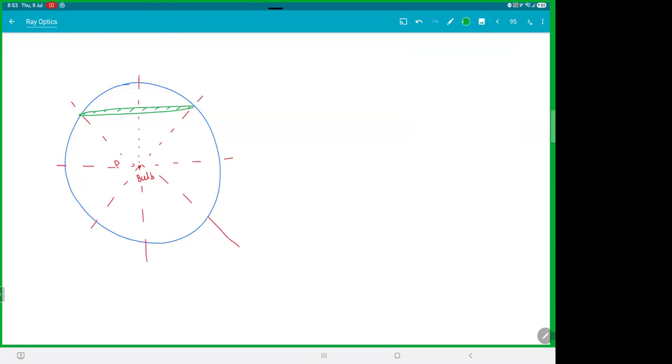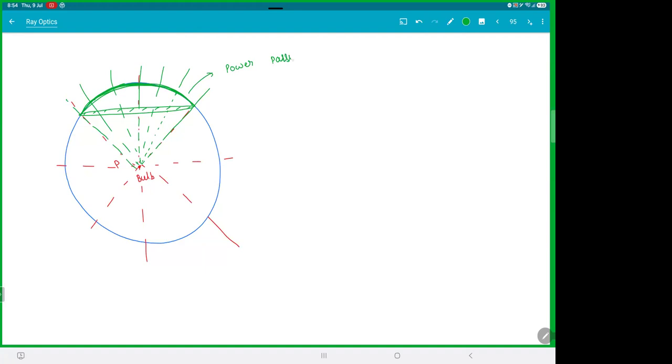Now, can I argue this way? Every light ray that is passing through the disk is also passing through this surface, kind of like projected area. So this is how we can argue. If you look at this curved surface here, the power passing through that curved surface is the power passing through the disk.